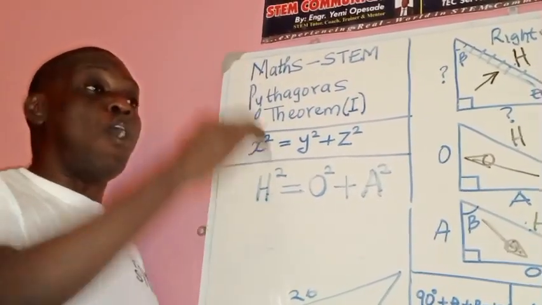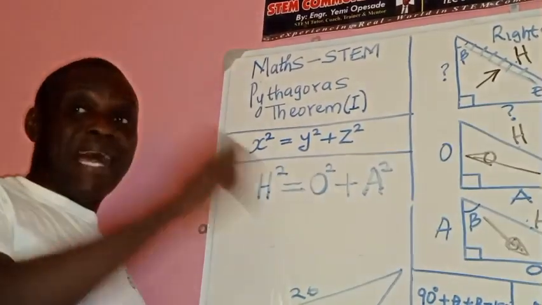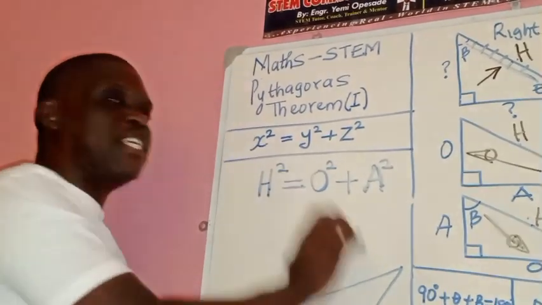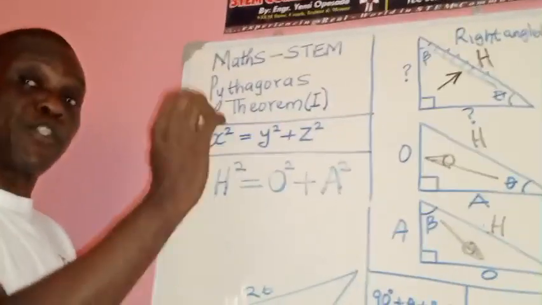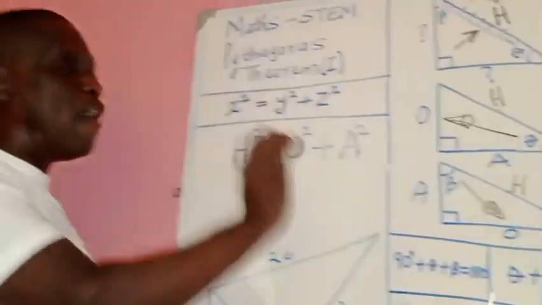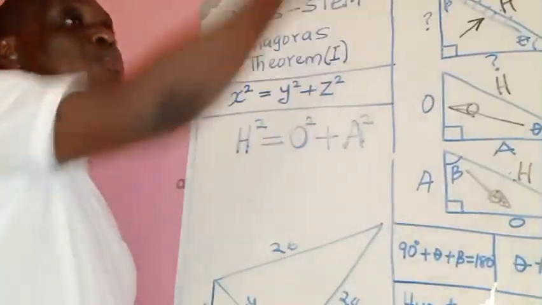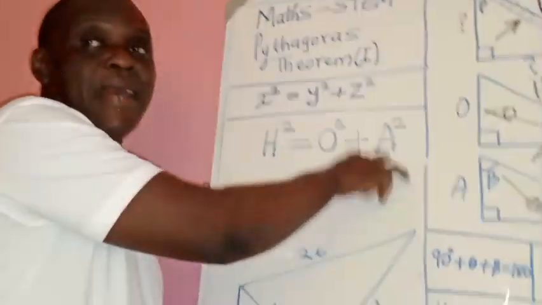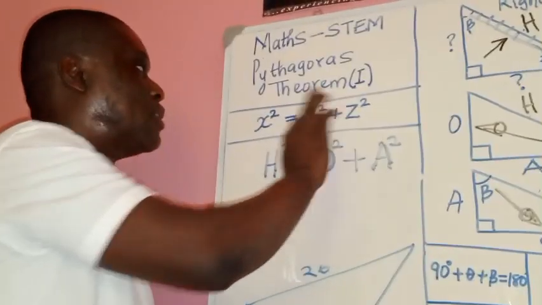The square of the hypotenuse equals the sum of the squares of the other two sides. That means you square the opposite and you also square the adjacent.